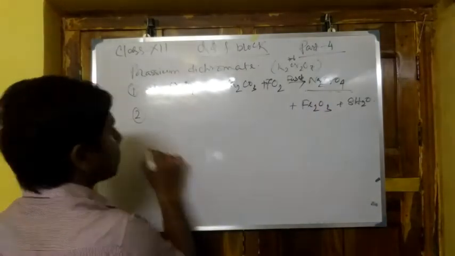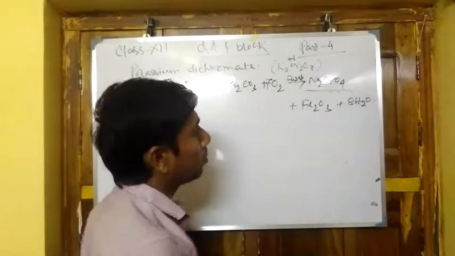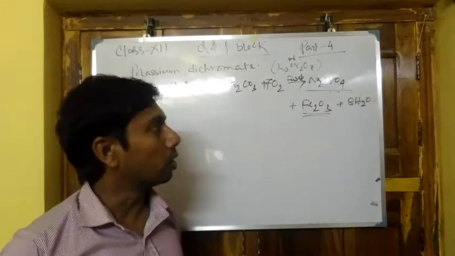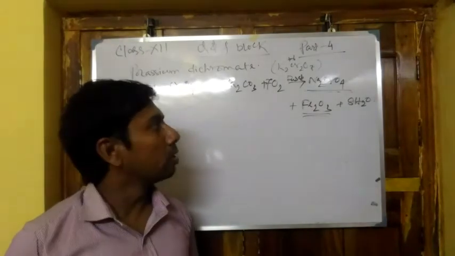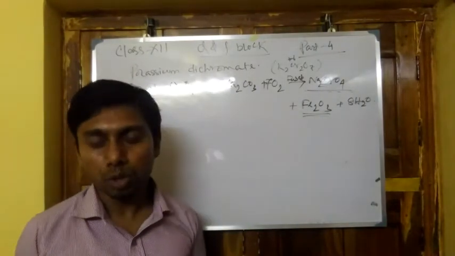Next, the fused mass is extracted with water. The sodium salt will dissolve, but iron oxide will not dissolve in water. Then it is reacted with H2SO4 to produce sodium dichromate.